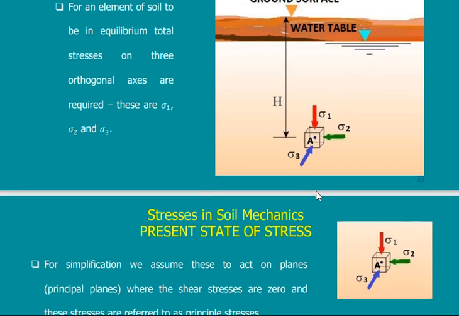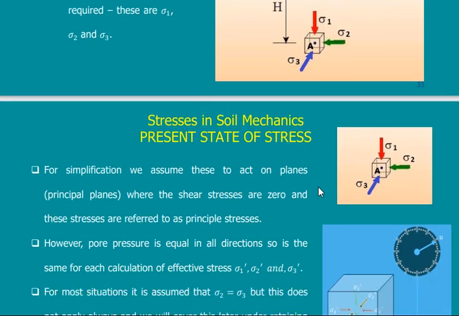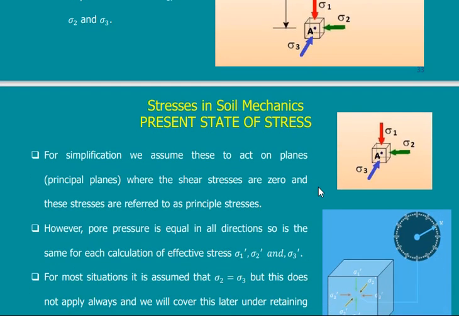Now these sigma 1, sigma 2, and sigma 3 are the stresses, but we said that in case we have water in the soil, water will carry part of the load. It's not only sigma 1, sigma 2, and sigma 3. There may be stress due to water. How will this happen? Imagine that you are standing on clay, and this clay is full of water.